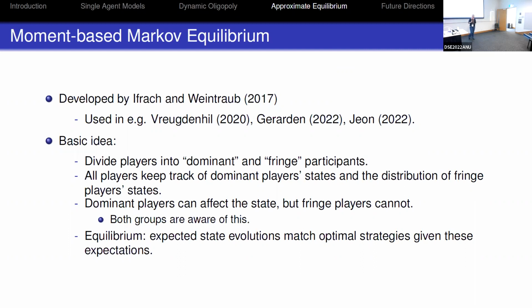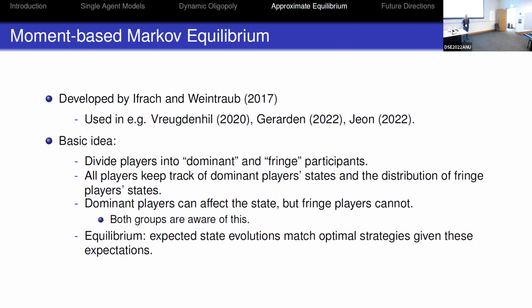The basic idea in moment-based Markov equilibrium is you're going to divide players into dominant and fringe. As I said, everybody's going to keep track of all the dominant players, right? These are the guys we all need to follow. We all need to know what they're doing. But all we care about from the fringe players is where the distribution of where they're landing. We don't care what any individual one of them does.